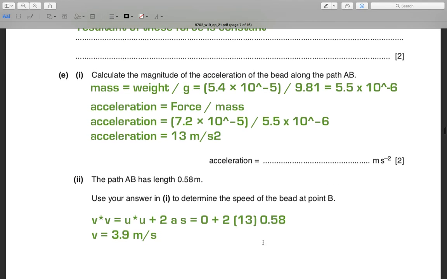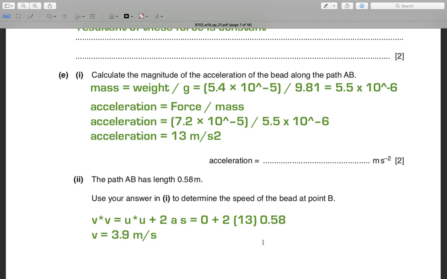Now, question E part II: the path AB has length 0.58 meter. Use your answer in I to determine the speed of the bead at point B. Actually this uses linear motion: v squared equals u squared plus 2as.